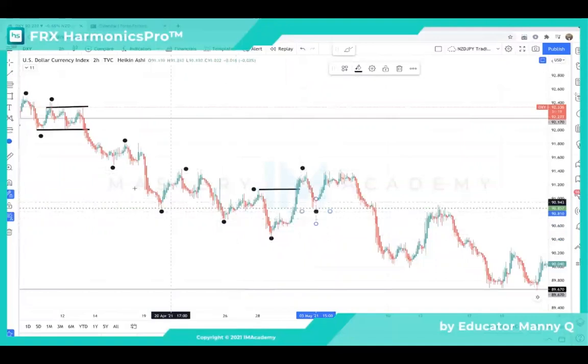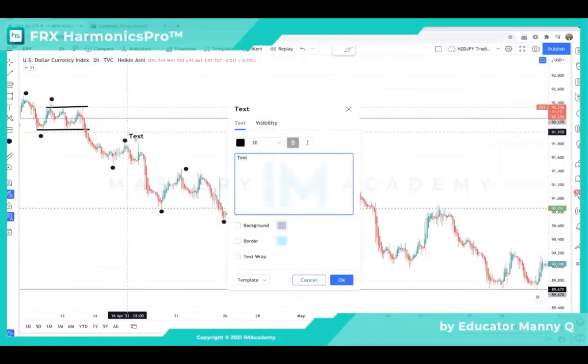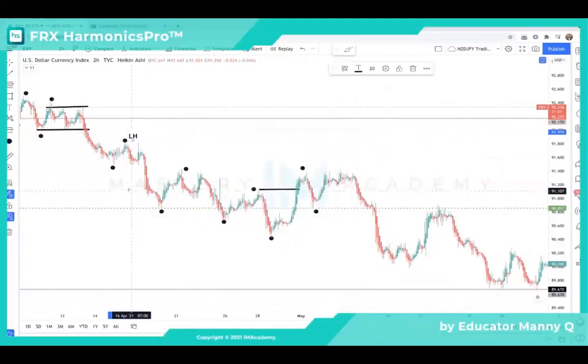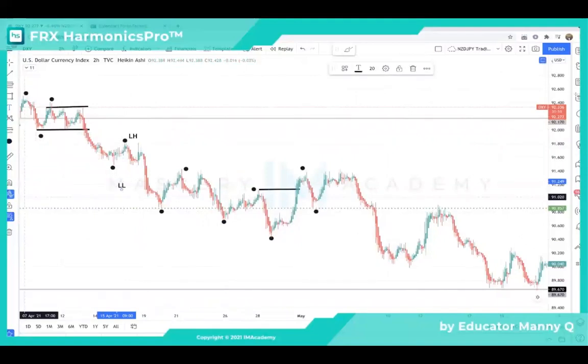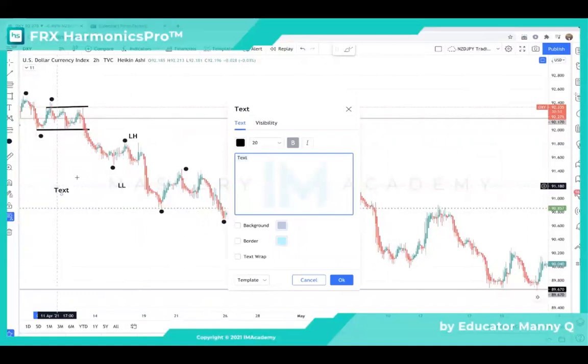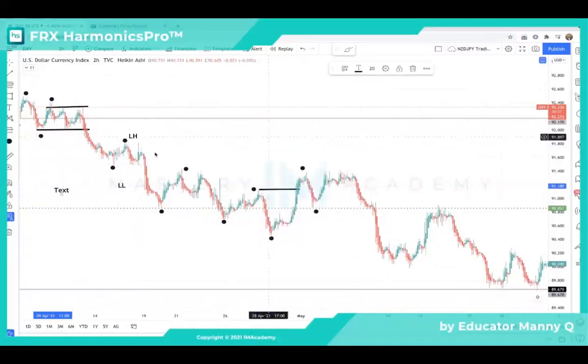So what you can notice, if we mark this up on the chart, let's create this. We have a lower high, and then we have a lower low. So we have lower high, lower low.